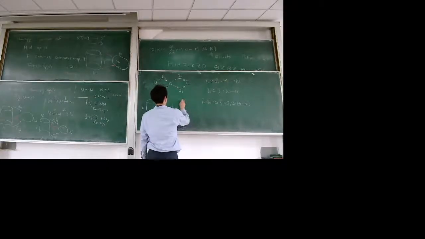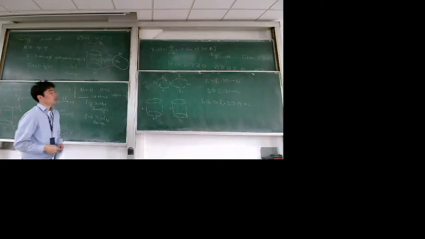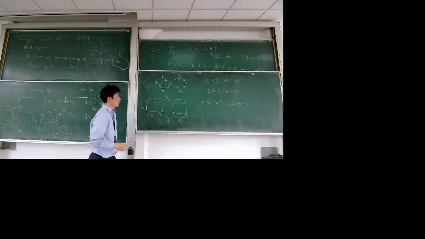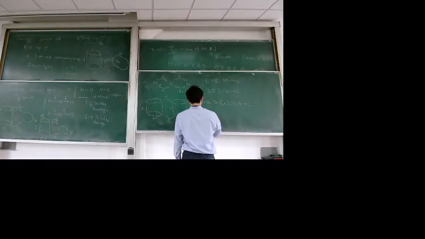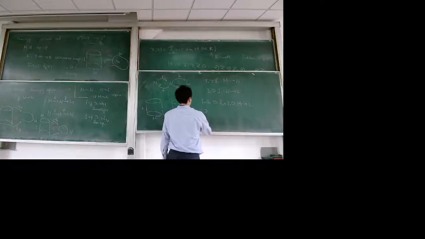So you have M cross I and N cross I. You can just compose F0 and F1, and then there's the L. So this means, let's see, what's the best way to explain? So here you have G0 and G1, okay?